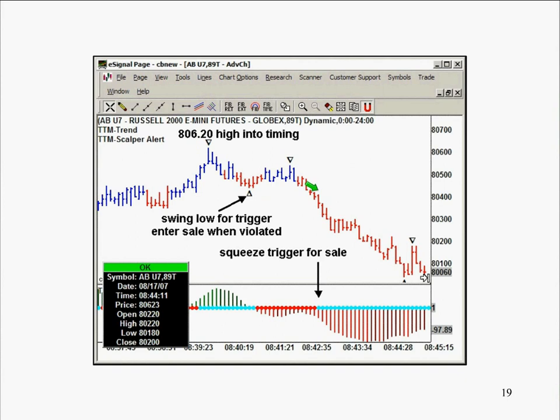Again, in this case, you didn't get the pullback. So if you waited for a pullback, you wouldn't have gotten into the trade. And again, we typically get pullbacks about 75% of the time. And then there was another trigger, if you just use the squeeze.